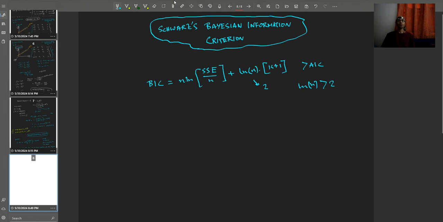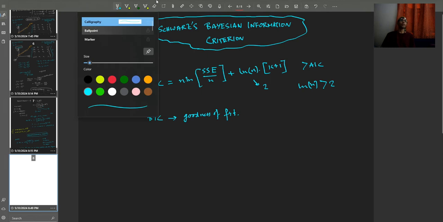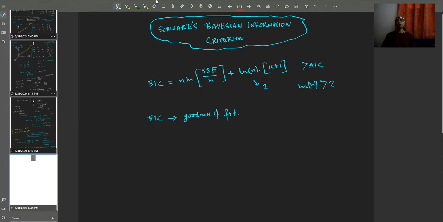But when is BIC used? We said AIC has to be used when you are using a regression for predictive purposes. BIC is used more when you are trying to judge goodness of fit. So let's say you have two multiple linear regression equations. One is y is equal to a0 plus a1x1 plus a2x2. And you have another expression which is y is equal to a0 plus a1x1 plus a2x2 plus a3x3.